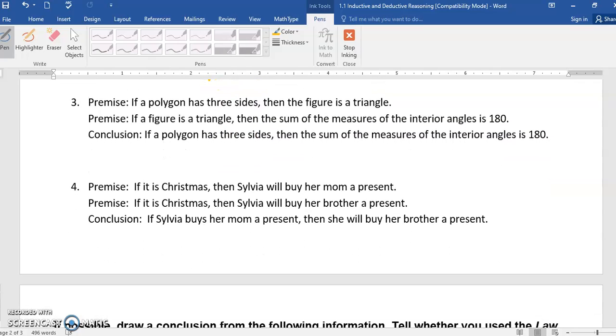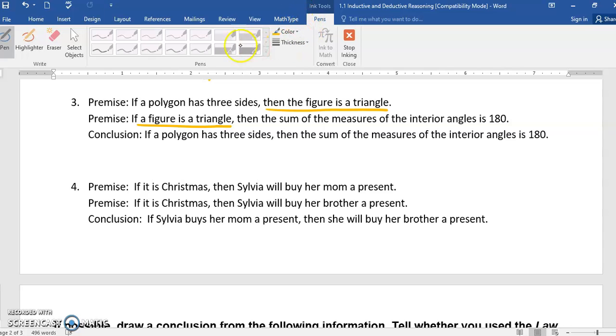If a polygon has 3 sides, then it is a triangle. If a figure is a triangle, then the sum of its measures of its interior angles is 180. So again, notice in our 2 premises how that matches.